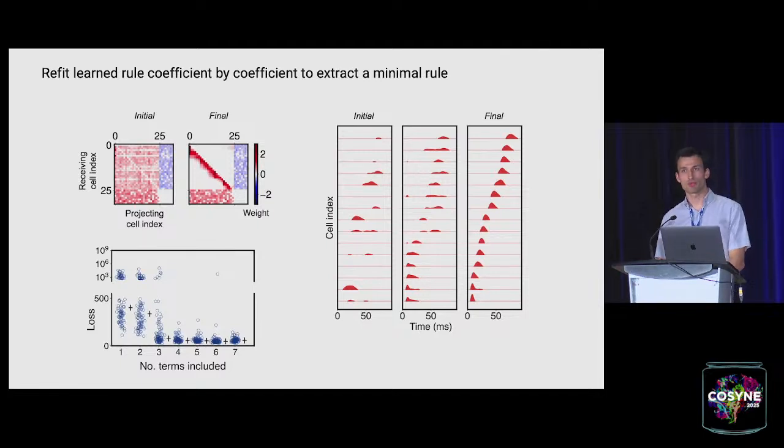So the learning rule in general will have many of these coefficients, these c_k, be non-zero, but we can refit these coefficients in order of their importance in order to attempt to extract a minimal learning rule. And what we extract in this case is a temporally asymmetric generalization of Oja's rule.